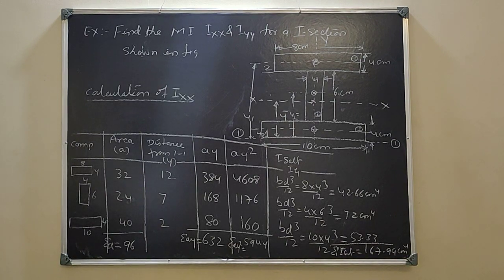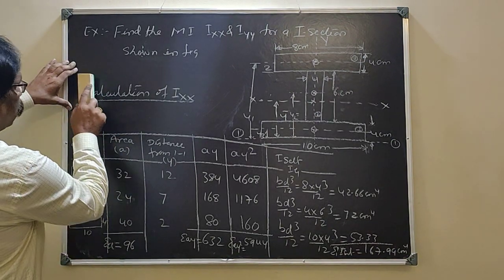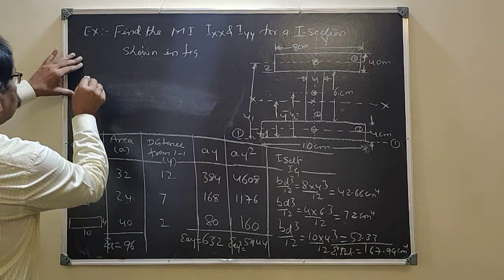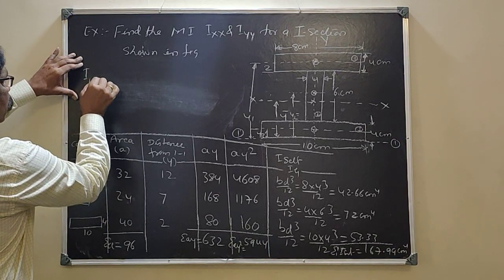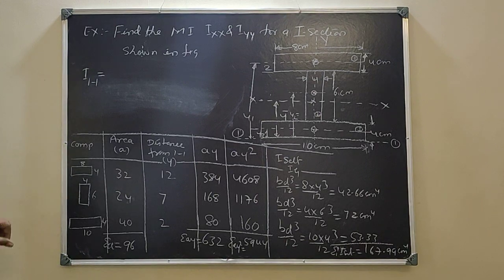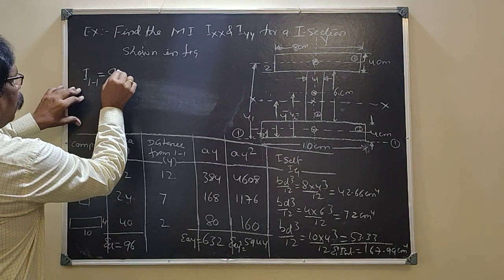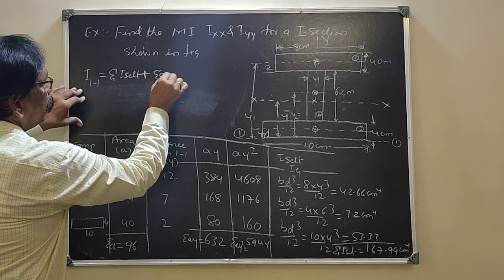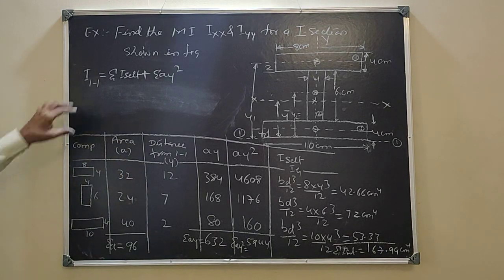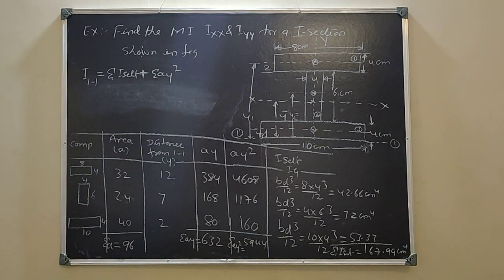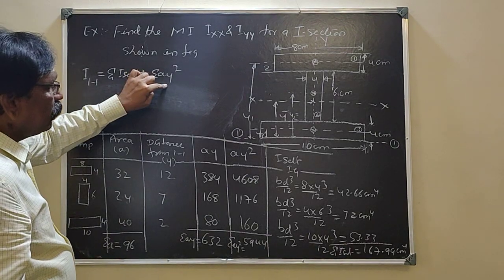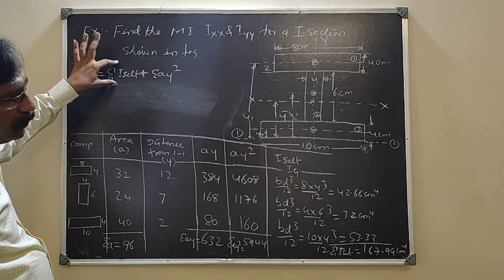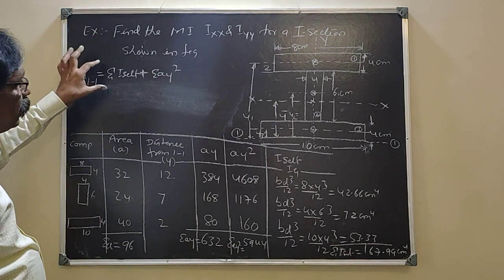Now as per the parallel axis theorem, the moment of inertia of any section about any reference axis is equal to sigma I self plus sigma ay square, that means sigma a into h square. h is replaced by y, and I self is nothing but the moment of inertia of each unit about its central axis.